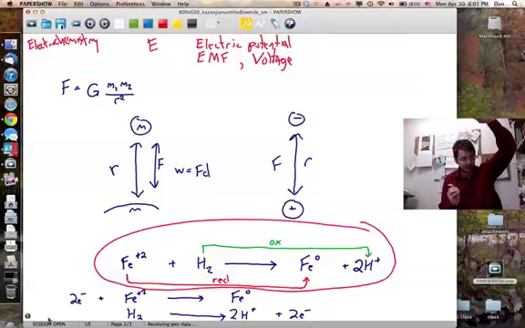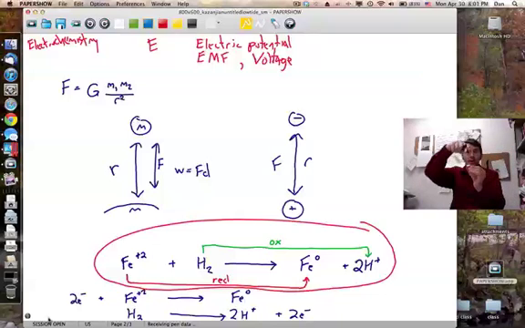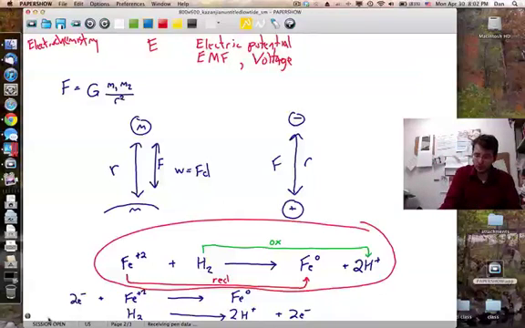The act of pulling these two charges apart involves work. Taking two materials that are attracted to one another and pulling them apart requires work to be done. So that is also a type of work.